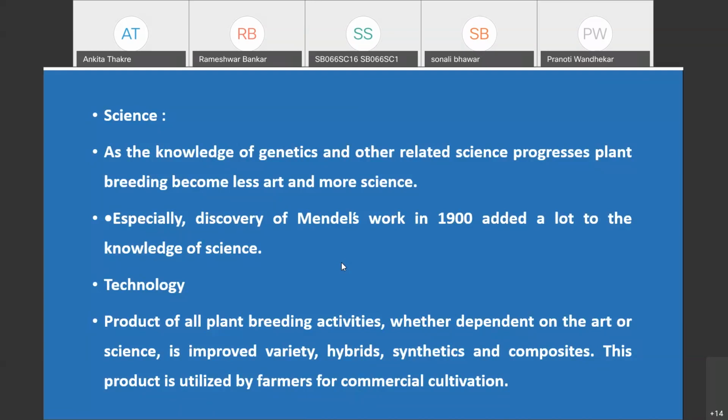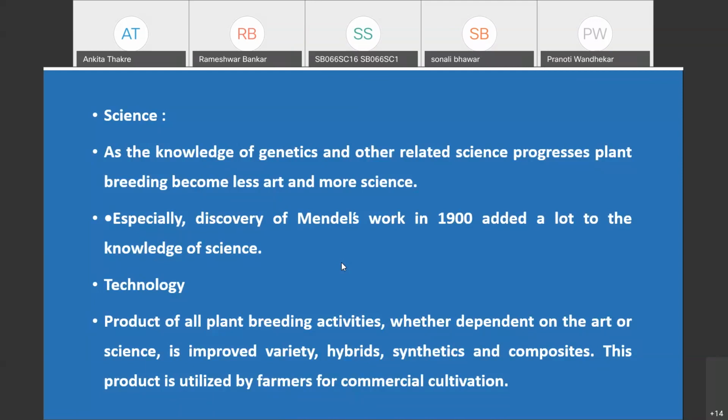Okay, that is the nature of plant breeding. In the older days, plant breeding was considered an art, more art and less science. But after the discovery of Mendel's work, after the discovery of the law of inheritance by Mendel, it became less art and more science.